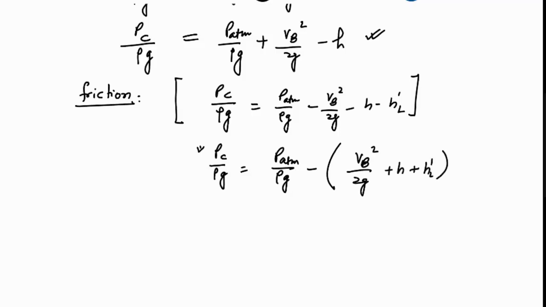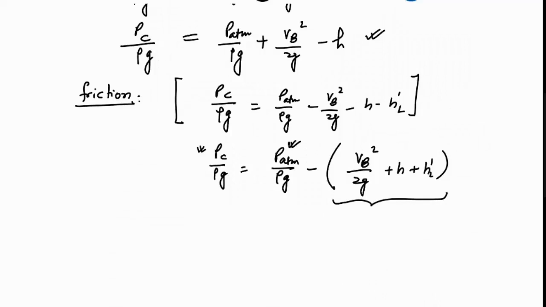So the pressure at C is less than the atmospheric pressure. This means there is a suction kind of thing. And that's why liquid is flowing up, because there is a suction. So the pressure at C is less than the atmospheric pressure. How much less? This is the quantity. So pressure is decreasing inside this pipe as you go up.